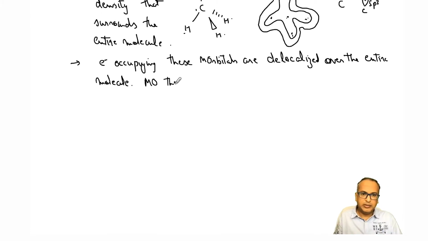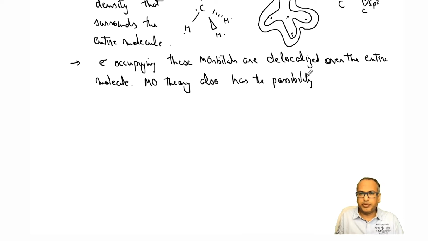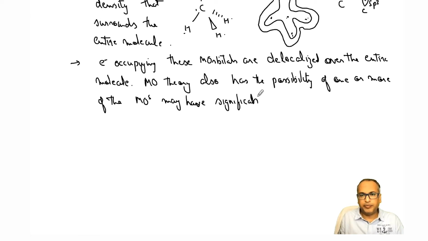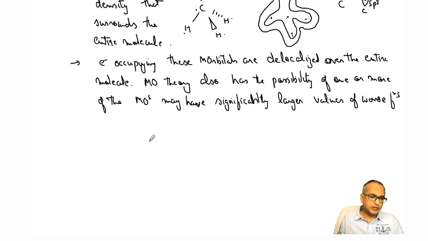MO theory also has the possibility that one or more of the molecular orbitals may have significantly larger values of the wave function only in a certain part of the molecule.